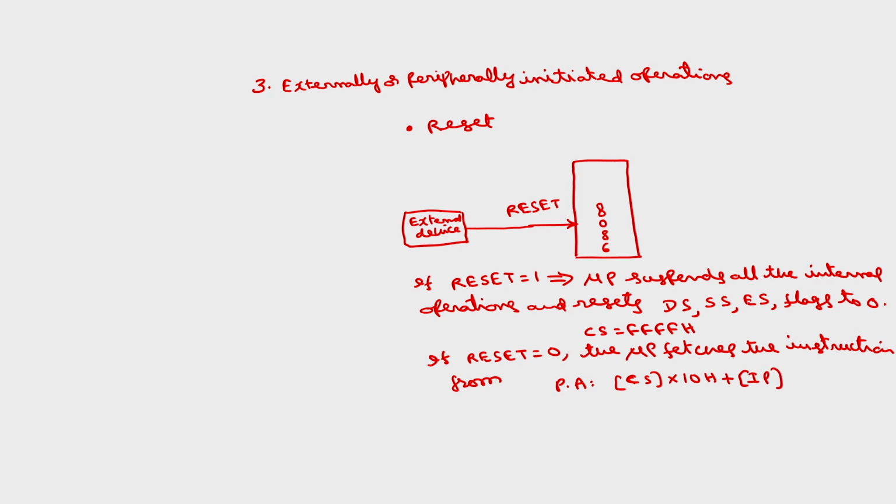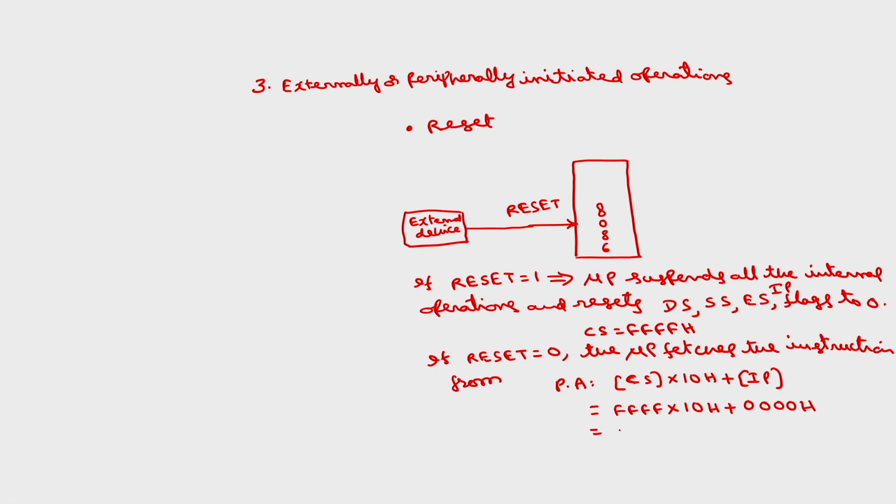Now when the reset is 1, the contents of the code segment are FFFF into 10H, which is FFFF0. The instruction pointer is also set to 0000H.